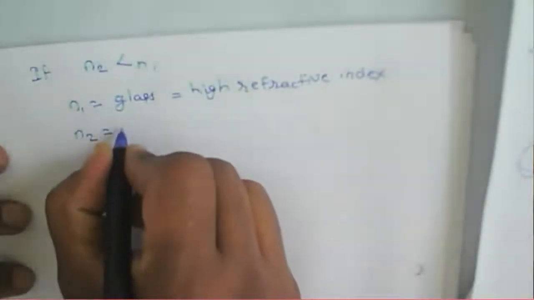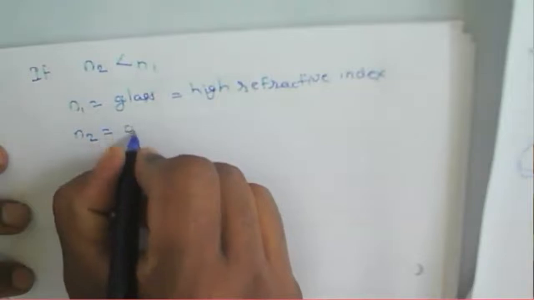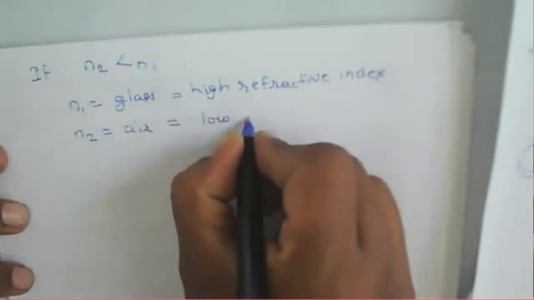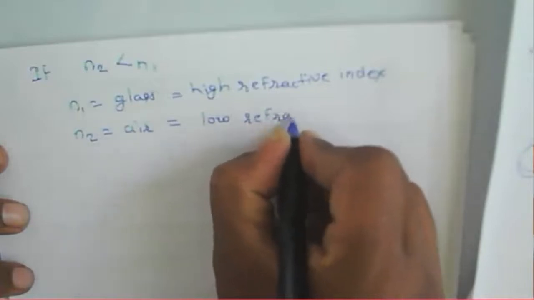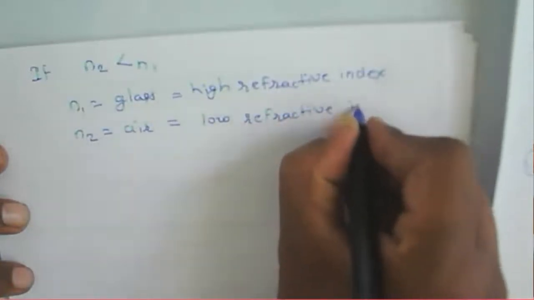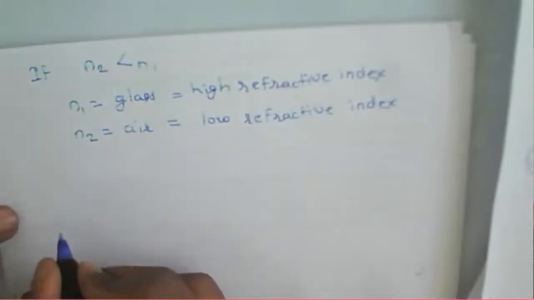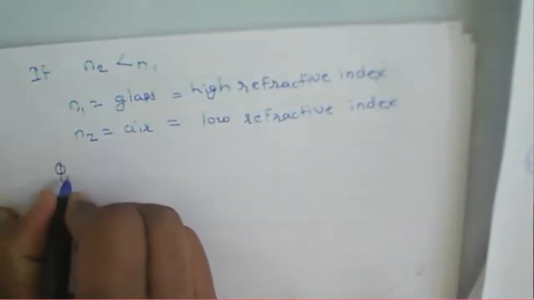And n2 is air, and it has a low refractive index.